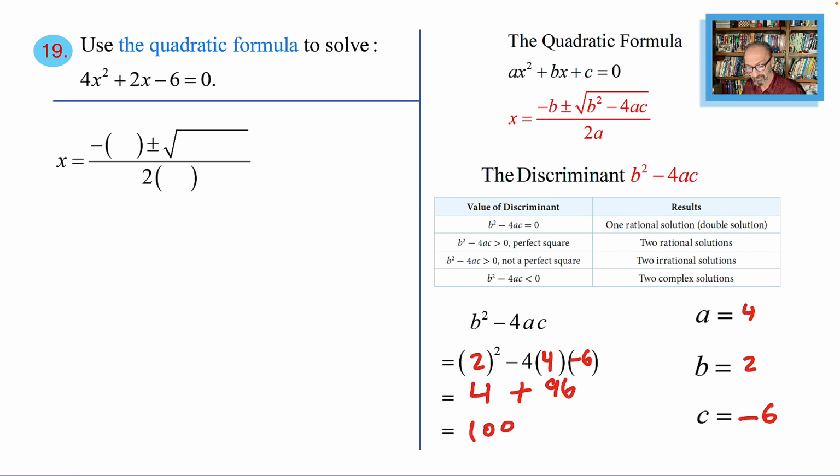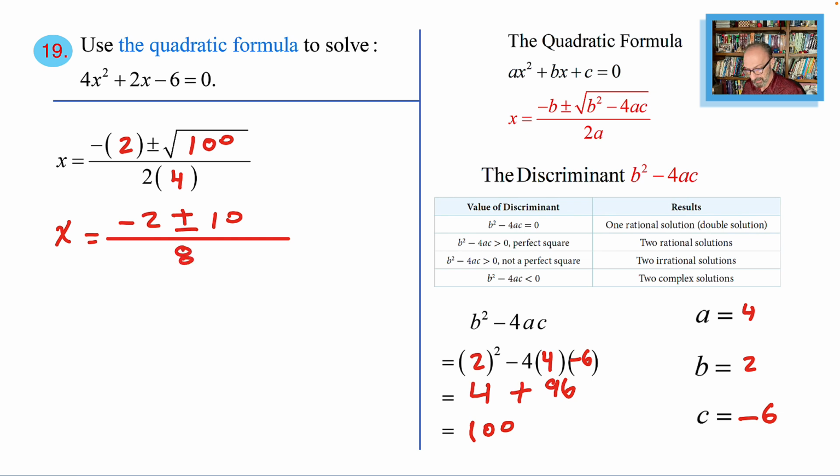That is the discriminant. The discriminant is what goes inside the square root right here. So we have the 100 that goes inside right here. Now, we write 100, and we start with the opposite of b, minus b. b is 2, over twice a, and a is 4. x equal minus 2 plus minus square root of 100, which is 10, over 2 times 4, which is 8.